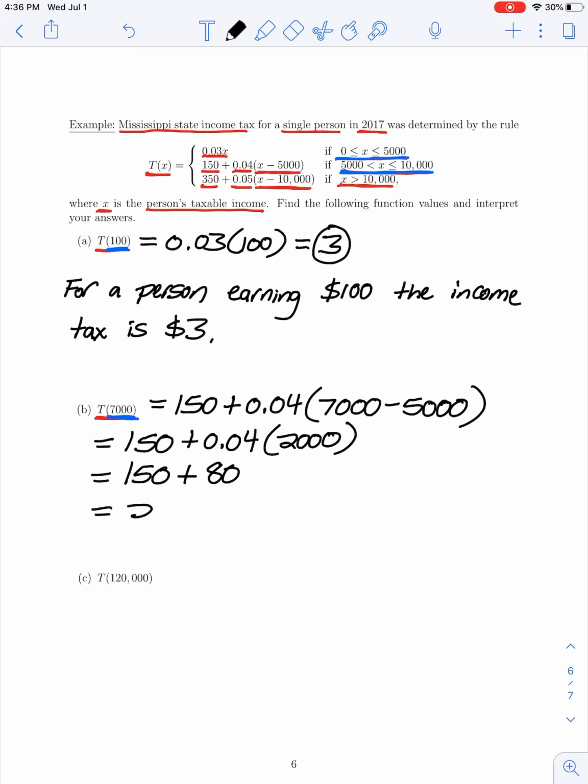Taking the sum, we're left with 230. So our interpretation would be, for a person earning $7,000, their income tax is $230.